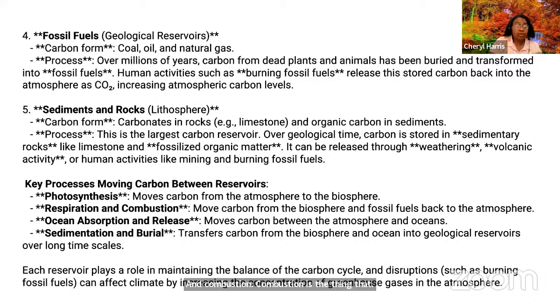We're burning the fossil fuels, burning our cars more, and we're chopping down the trees also, because trees are supposed to be removing carbon dioxide. Because they're not there, it's left in the atmosphere. So combustion and respiration are important. The ocean absorbs it and releases it, and sedimentation and burial is also how it is cycled.